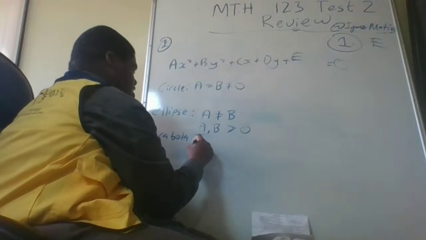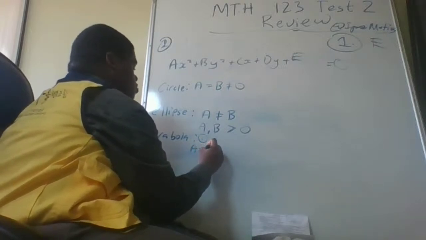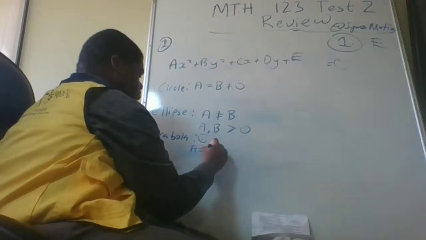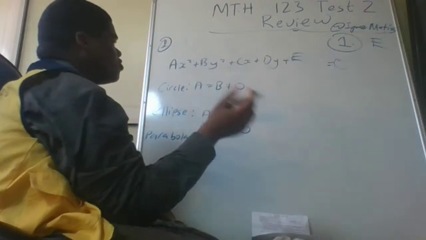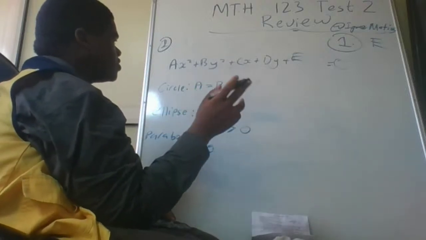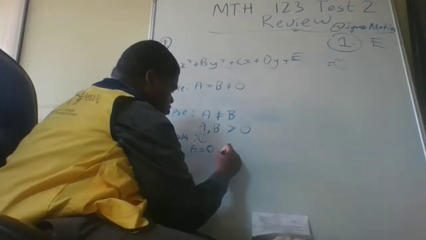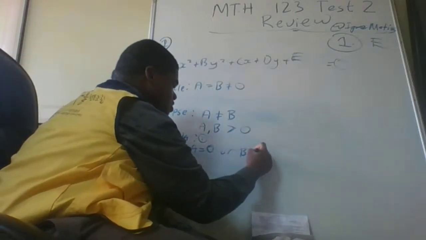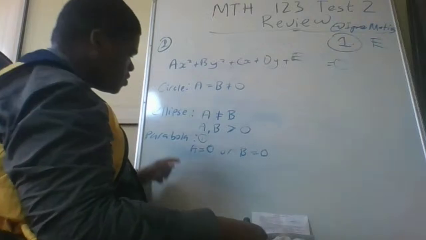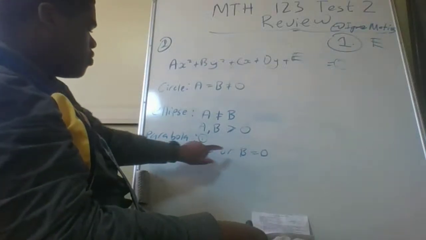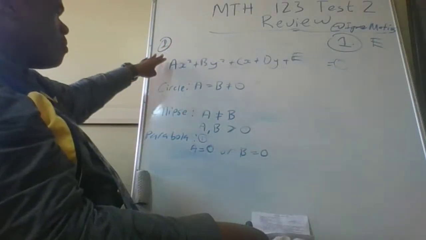Case 1, A is equal to 0, B can be anything, C can be anything, D can be anything, and E can be anything. A is equal to 0 or B is equal to 0. So if A is equal to 0 or B is equal to 0, it's going to give a parabola.